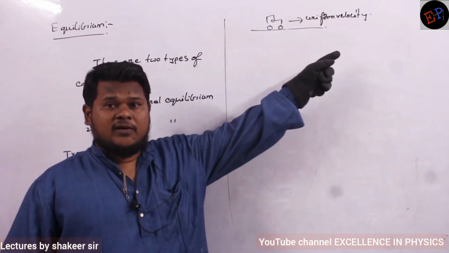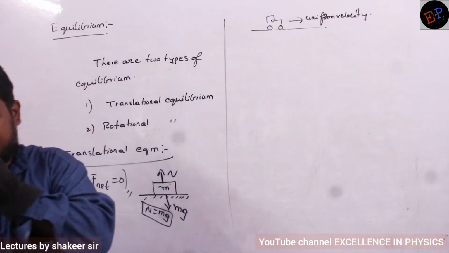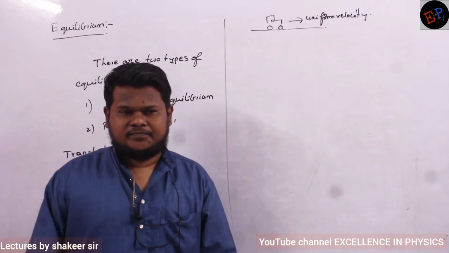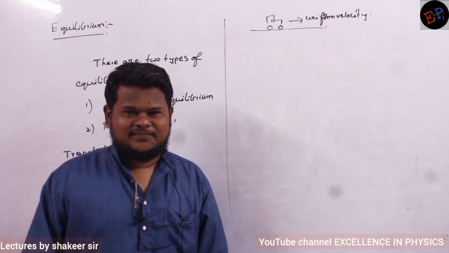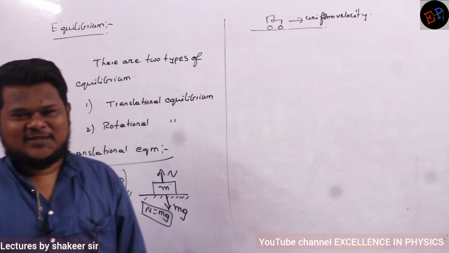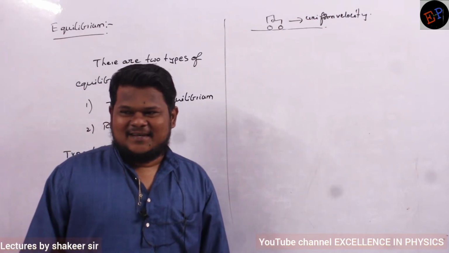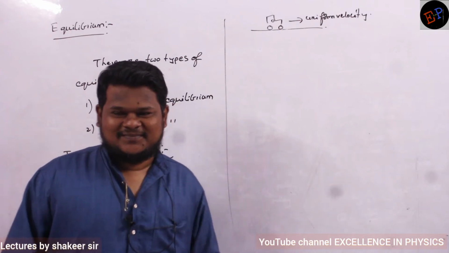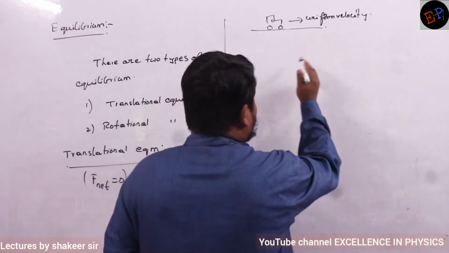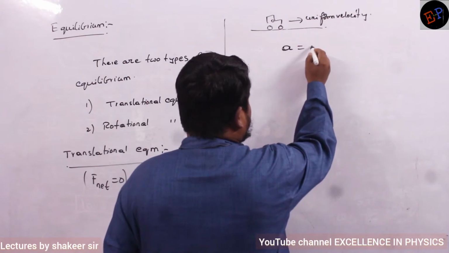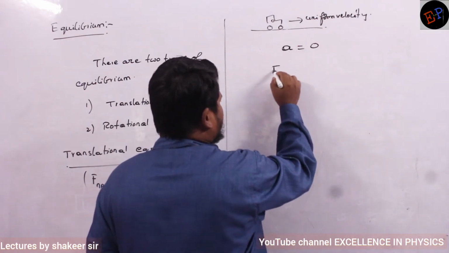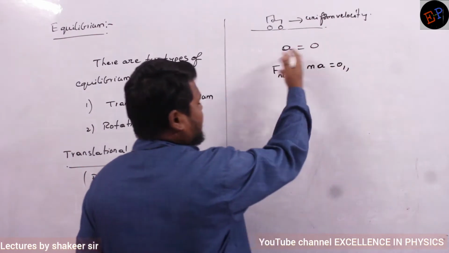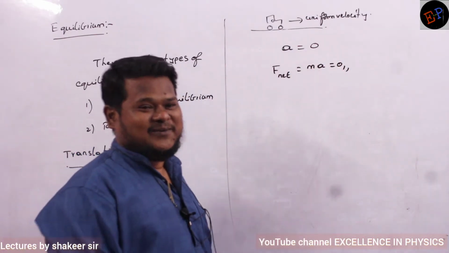How can you say? Uniform velocity means acceleration zero. If acceleration is zero, net force, mass into acceleration, is zero. So definitely it is in translational equilibrium.